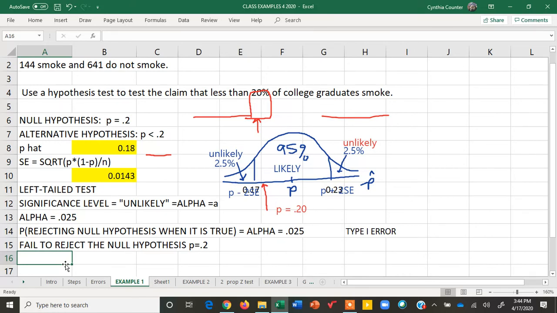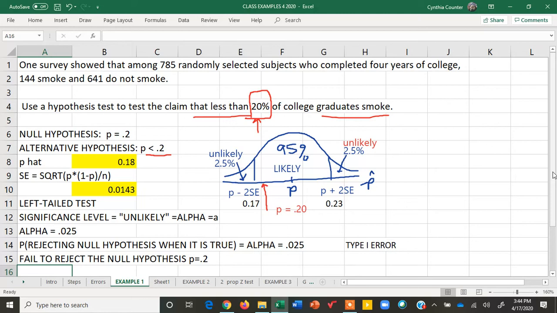Just because our sample got 18%, that's not enough evidence to claim that the proportion of smokers is less than the 20%, because that could have occurred just from random sampling error, right? That could just be due to random sampling error.